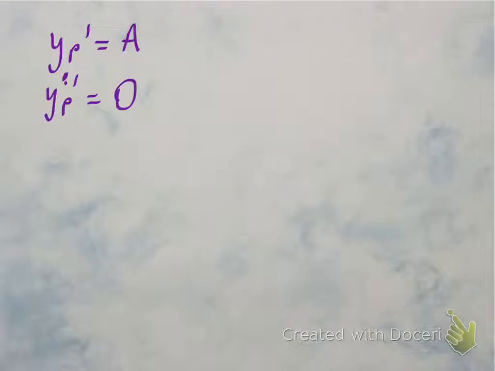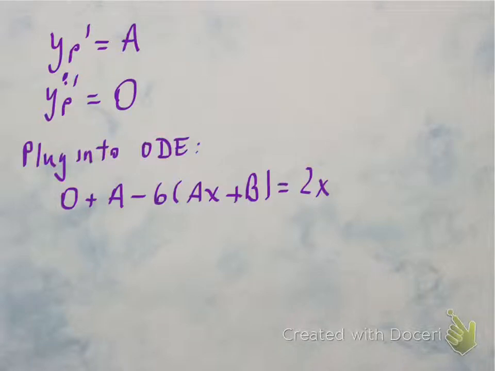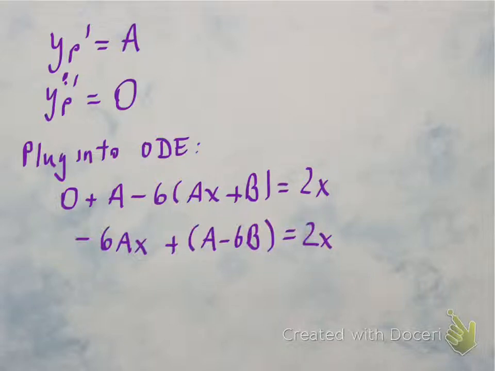If y sub p is ax plus b, yp prime is a, yp double prime is 0, and we plug that into the ODE and get 0 plus a minus 6 times the quantity ax plus b equals 2x. Doing some algebra, I get negative 6a times x plus a minus 6b equals 2x.